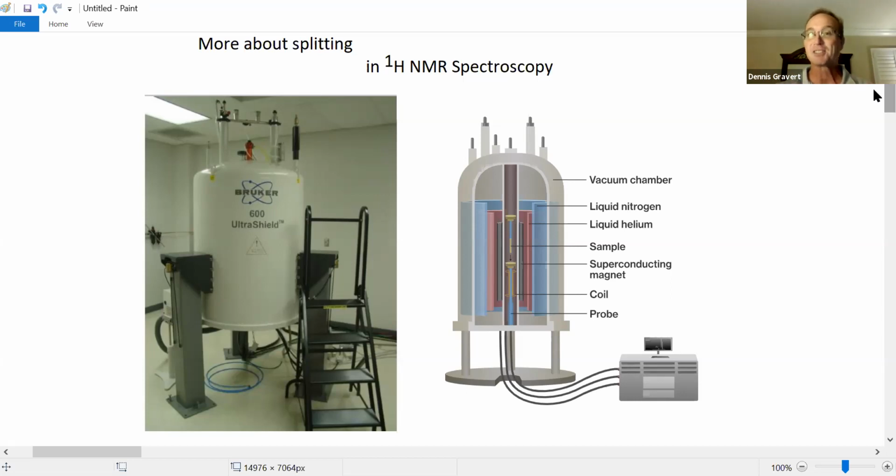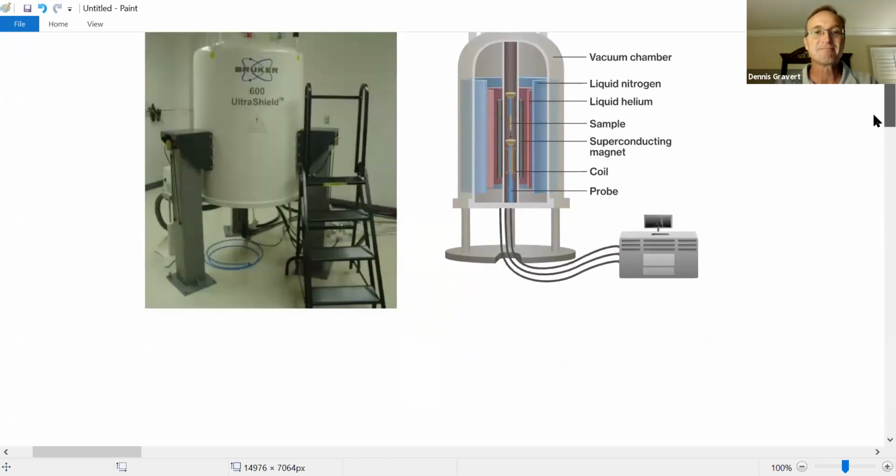To do that, you need a superconducting current, and the wires are only superconducting when they're cooled below liquid nitrogen temperature. So actually pretty close to liquid helium, which is pretty close to absolute zero. It's getting pretty darn cold. Anyways, a little technology there, a little chemical engineering to make NMR spectroscopy possible.